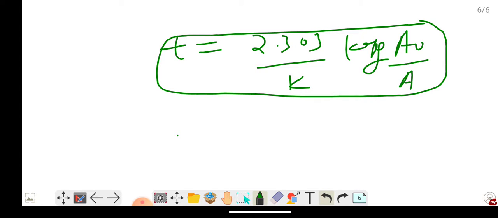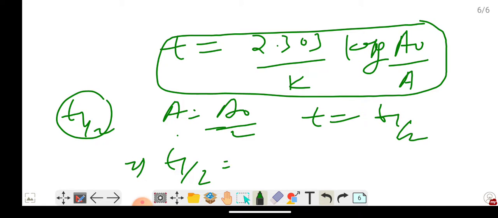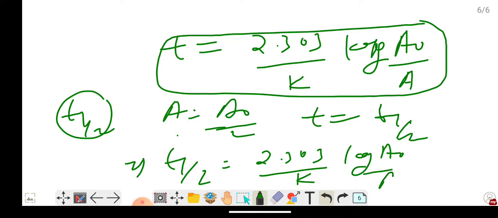Now calculating T half-life. So T half-life, A is equal to A naught by 2 and T is equal to T half-life. Implies T half-life is equal to 2.303 by K log A naught upon A naught by 2.